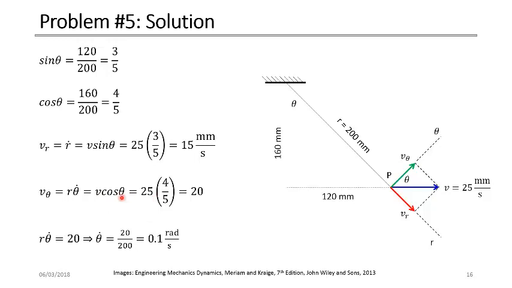V is given, and cosine theta can be found from the triangle as 4 divided by 5. So we get R theta dot equal to 20. Since R is 200, theta dot is equal to 20 divided by 200, which is 0.1 radian per second.